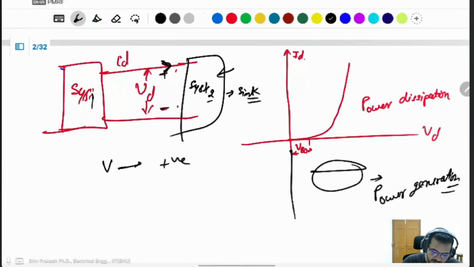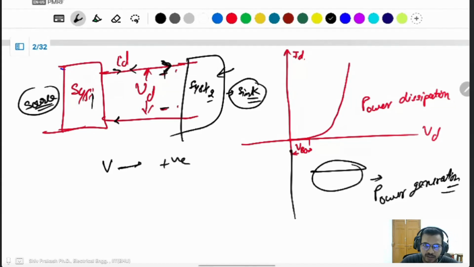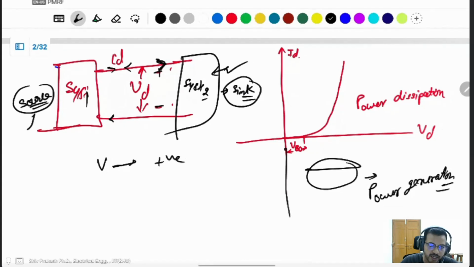In the other case, current enters the negative terminal and leaves from the positive terminal. In this condition, it works like a source, and the other will be the sink. If the current is in the reverse direction, then the roles swap.